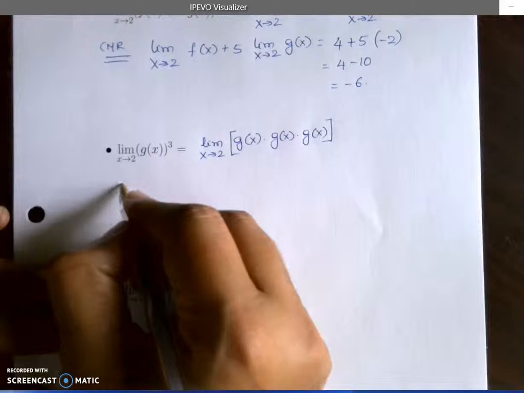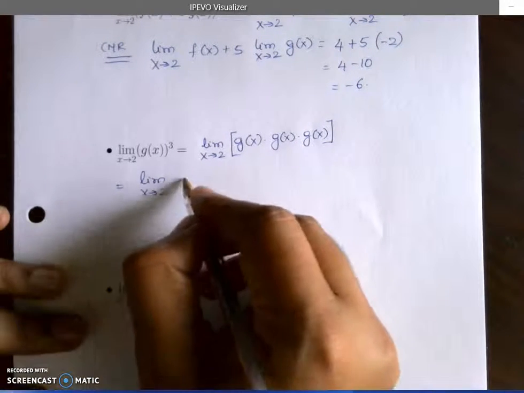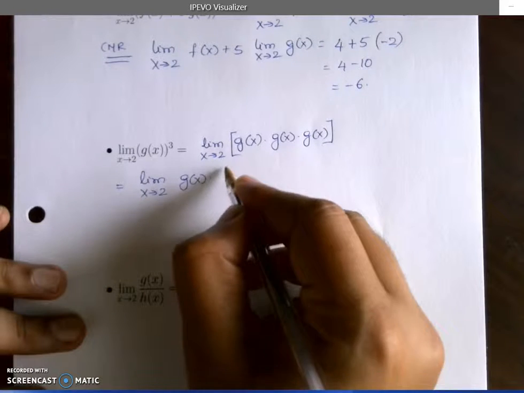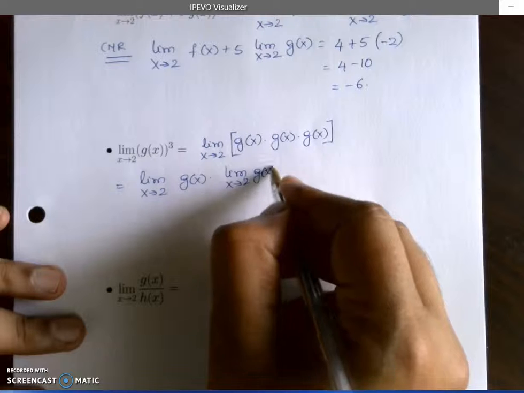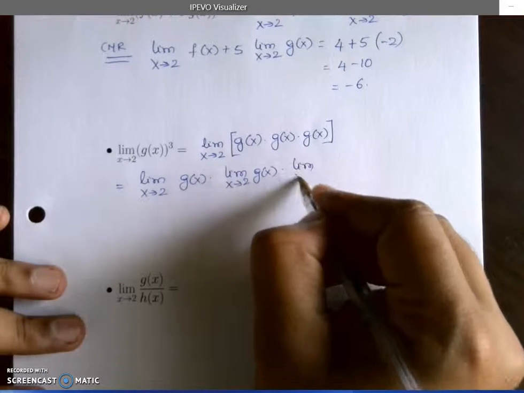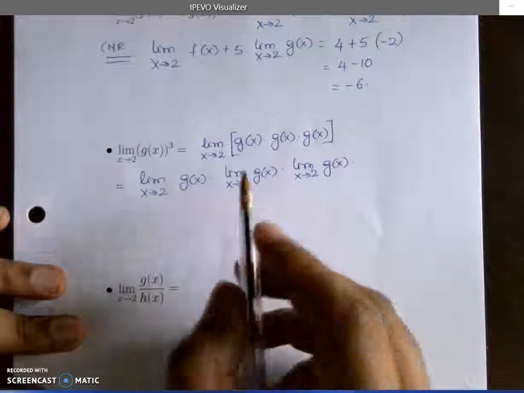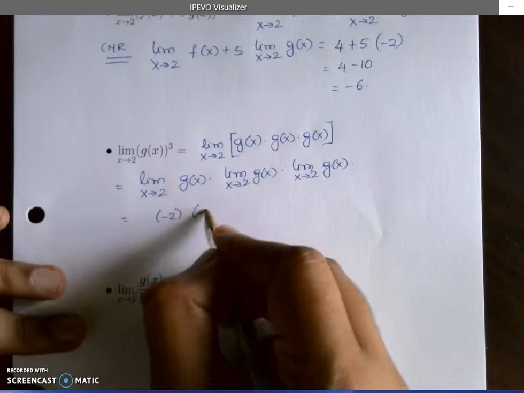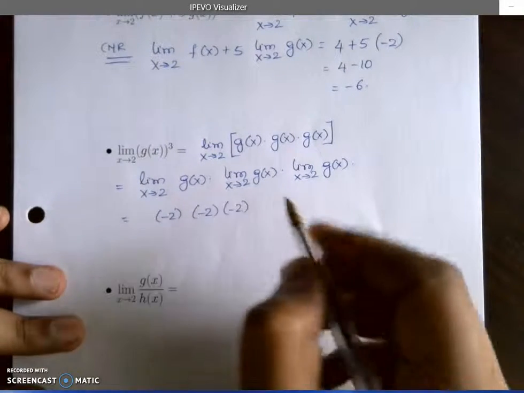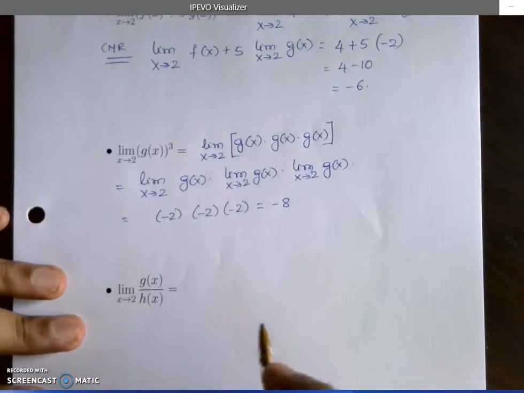Using the product rule, you can write this as limit x going to 2 g of x times limit x going to 2 g of x times limit x going to 2 g of x. The limit of the function g of x is -2, so you write -2 times -2 times -2, and upon finding the product you will get the answer -8.